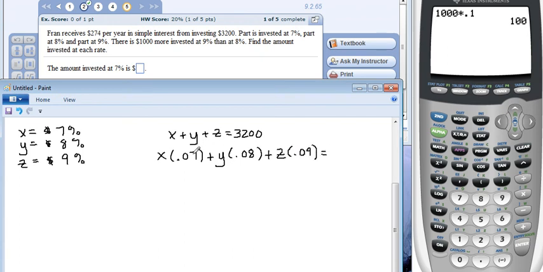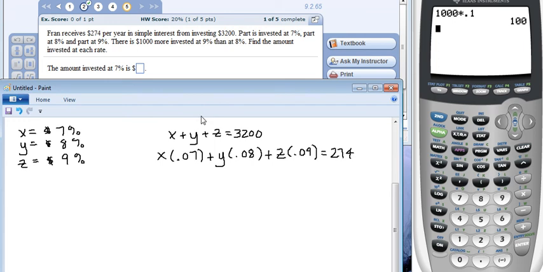Okay, so this is the interest she gets plus the interest she gets plus the interest she gets has to equal 274, because that's the total interest that she has at the end of the year. There's another equation. And now we're going to take this third piece right here, because that gives us a little bit of information. We know that she invested $1,000 more in this account than that account.